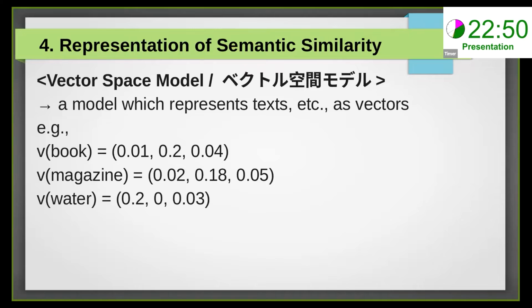These vectors have 3 components, or 3 dimensions, you can also say. And according to the difference of the meanings, the components change.